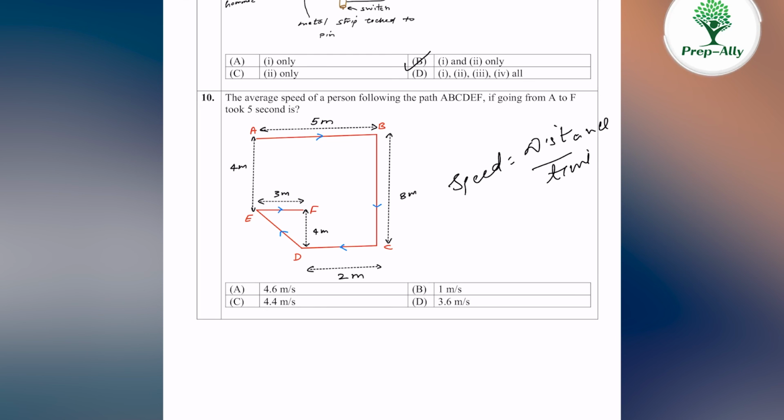So let us find the distance first. If it is going from A to B, it is 5 meters. B to C, it is 8 meters. So 5 and 8 is 13. And then C to D is 2. So it becomes 13 plus 2, 15. Then we have to go from D to E and then E to F. E to F is 3, which we already know. D to E we have to find.